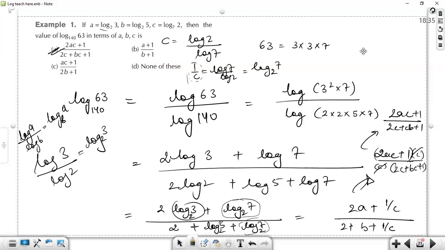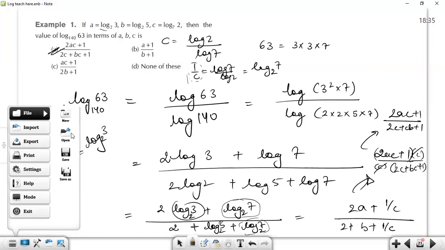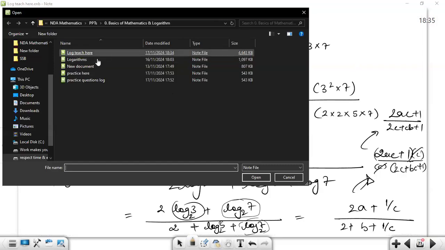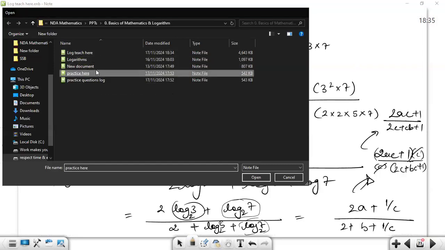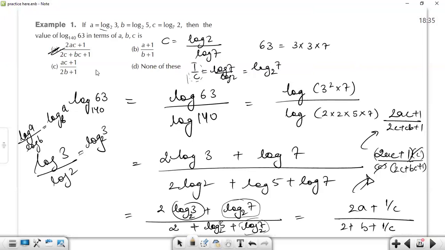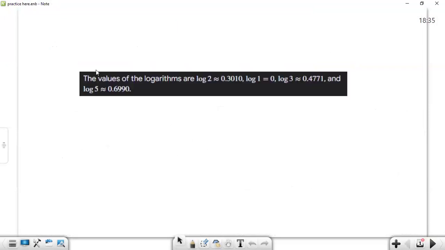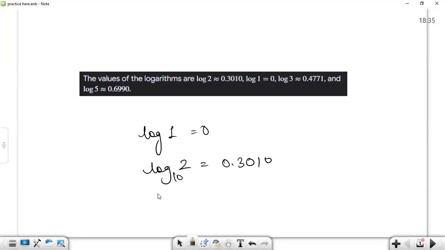So these are all values in terms of base 10. Logarithm of 1 to any base is simply 0, and logarithm of 2 to the base 10 is 0.3010.